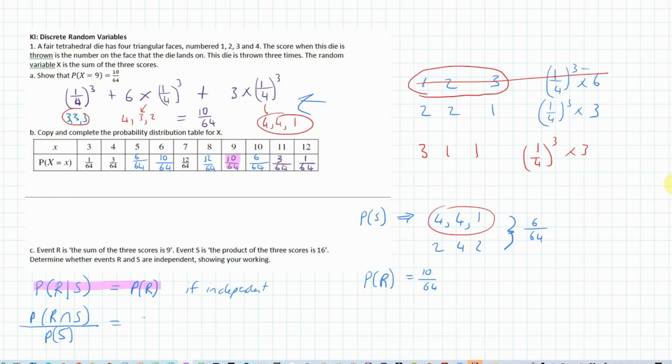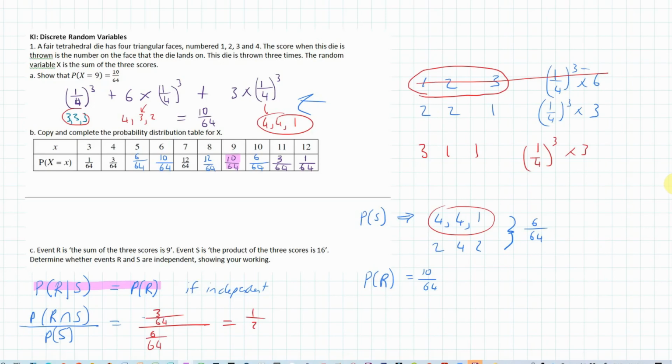So the probability of R intersection S would be 3/64, I think, and then we're going to pop that over the probability of S, 6/64, and we get 1/2.